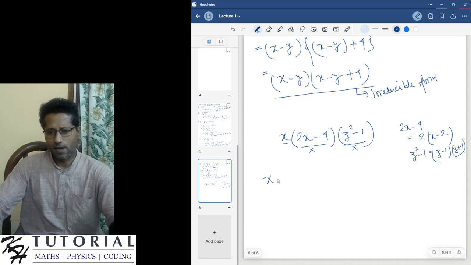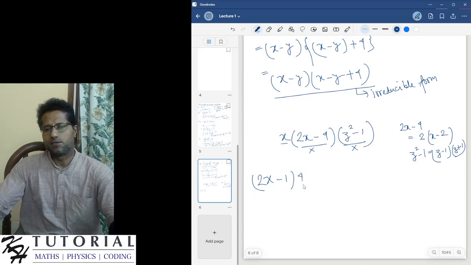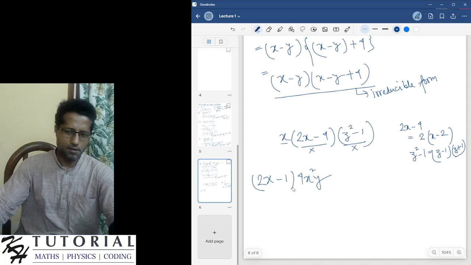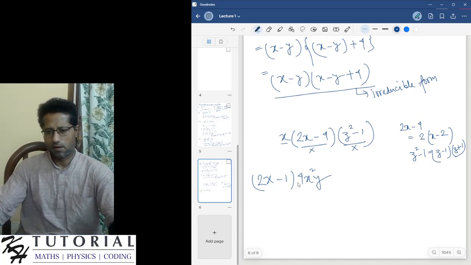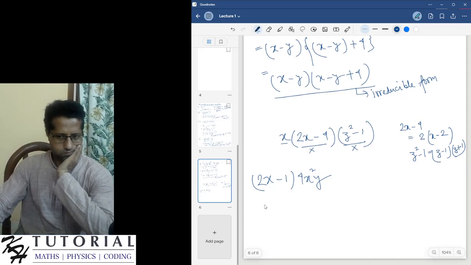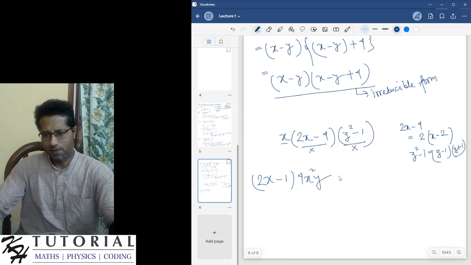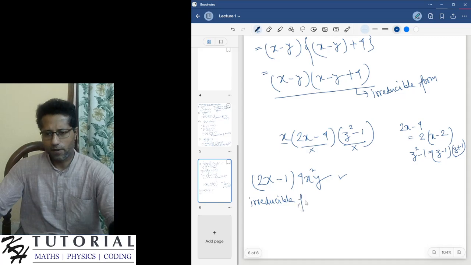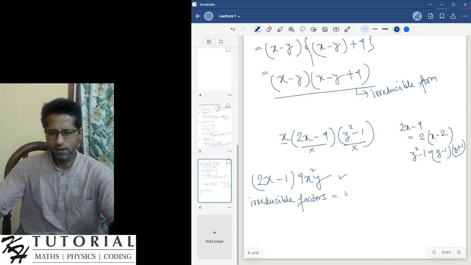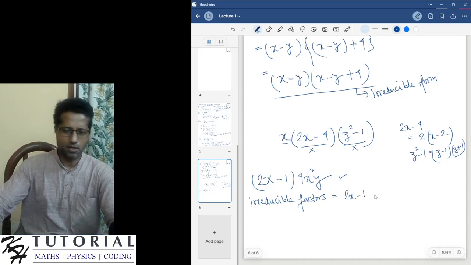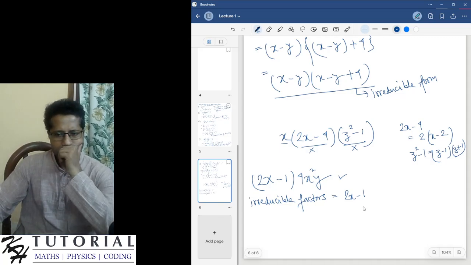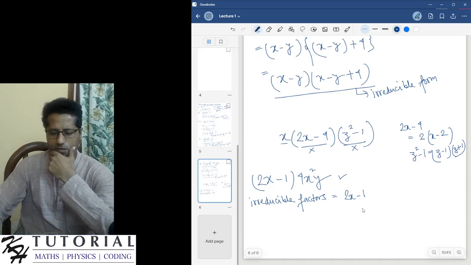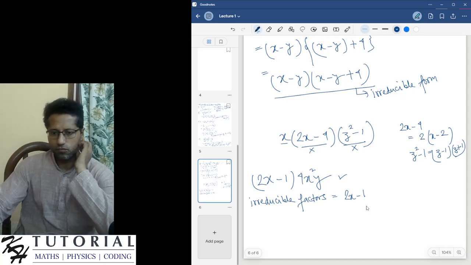So similarly, if you have, let's say, 2x minus 1 multiplied by 4x square y, and you are asked what the irreducible factors are, the irreducible factors will be 2x minus 1, because you cannot express 2x minus 1 as a product of two or more factors.